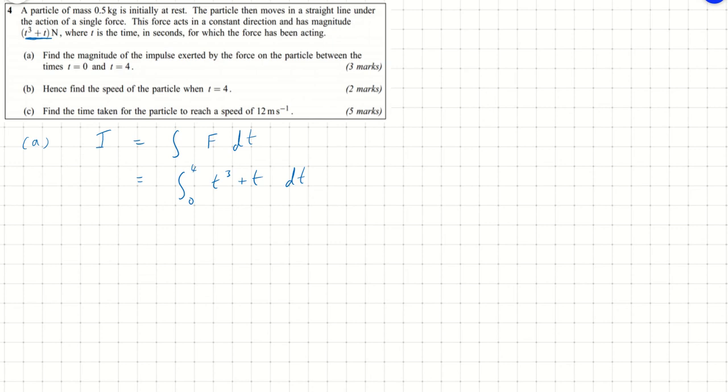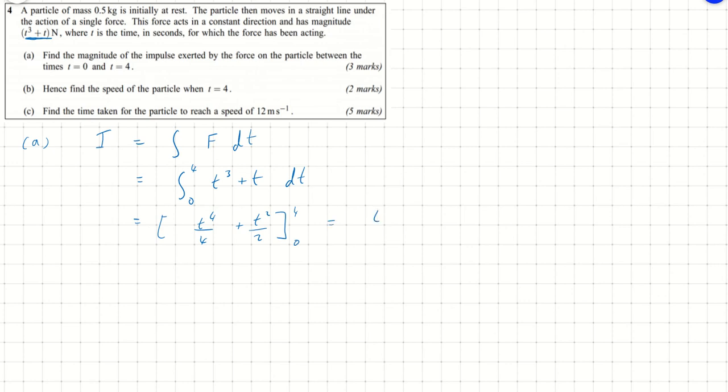So we have to do this integration between time 0 and 4 of t cubed plus t with respect to t. Okay, and if we integrate t cubed plus t, we get t to the 4 over 4 plus t squared over 2, again between 0 and 4.